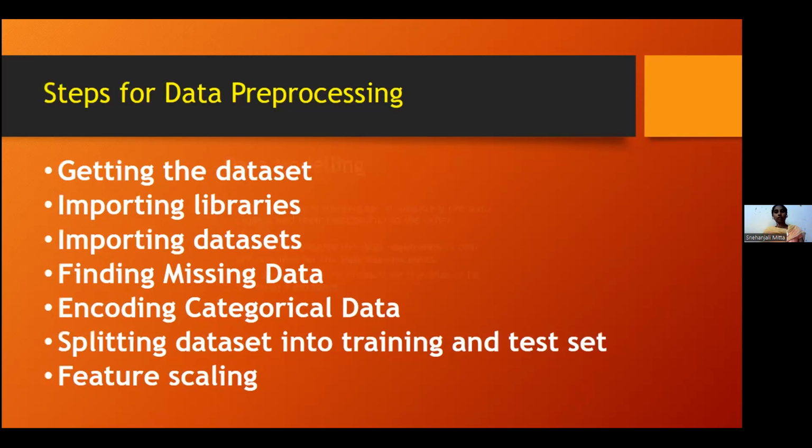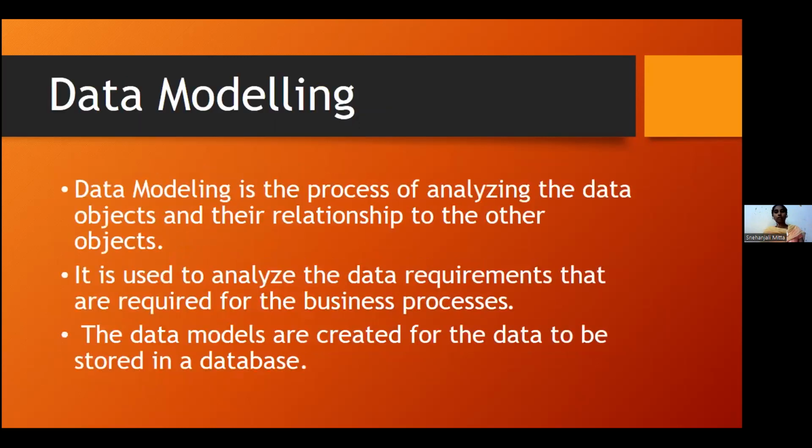Data modeling. Data modeling is the process used on the data set for analysis purposes, along with relationships. It is used for the data requirements that are very important for the business process. Data models are created for the data to be stored in a database. Importance of data modeling.